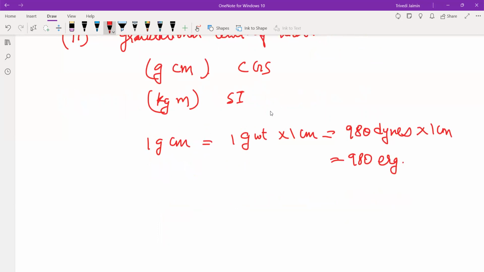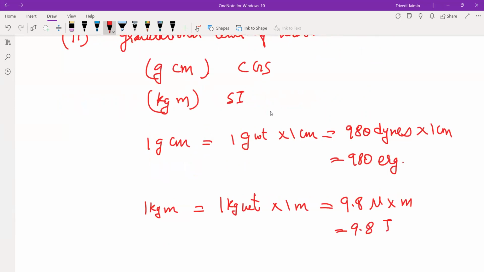Now in kilogram, 1 kilogram meter is 1 kilogram weight into 1 meter, equal to 9.8 Newton into meter, which is 9.8 joules. Is this new for you?